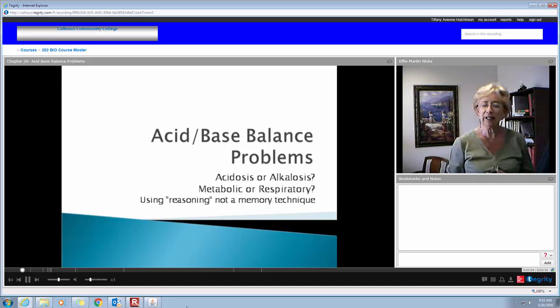Okay. Before I get into this lesson, I want to make sure that you go online and print off the 4-step method. I think I have put it in your Unit 3 case study folder. It's called Understanding Acid-Base Balance in 4 Easy Steps. It's going to look like it's ancient. Well, it happens to be over 20 years old.